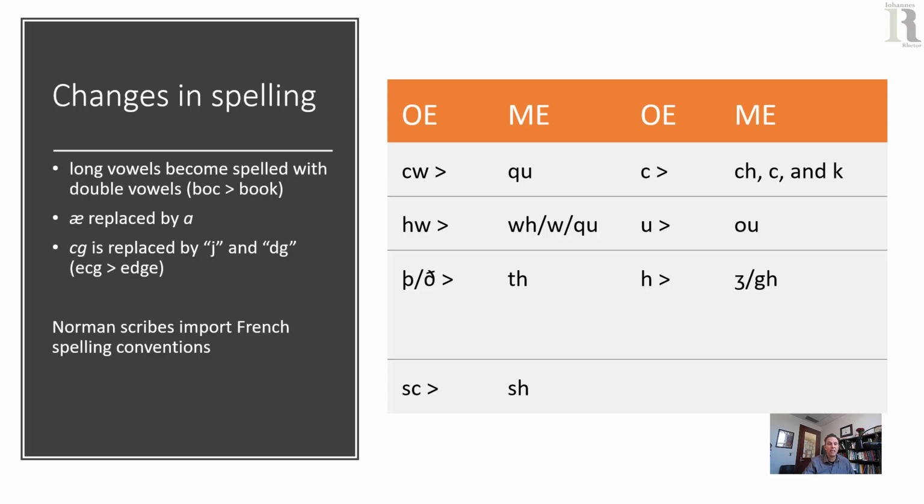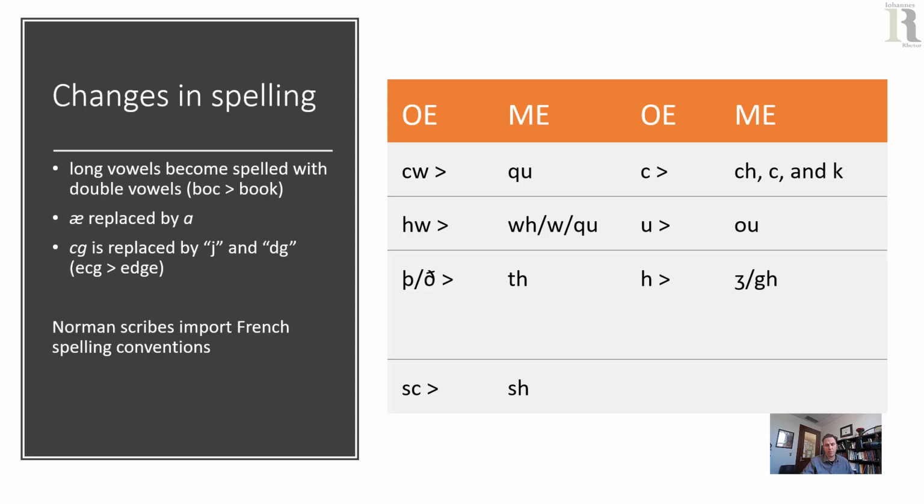CW becomes QU. HW, as in what or while, becomes WH or sometimes QU. The thorn and eth characters are replaced by TH. SC, as in ship, becomes SH. The C letter just made the sound ch before a high front vowel, as in child in Old English, but that comes to be spelled as CH in Middle English and later.